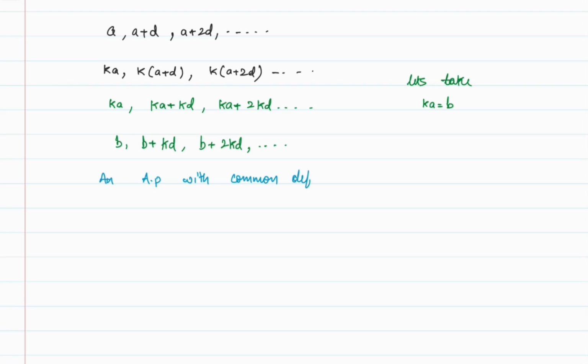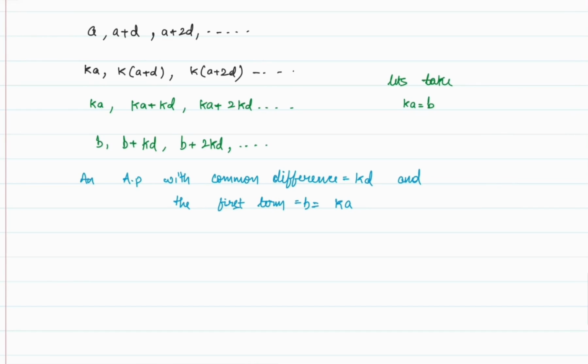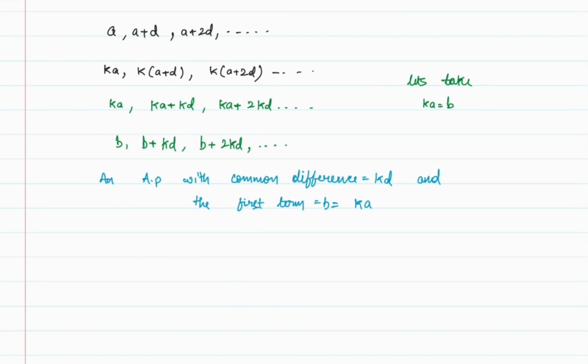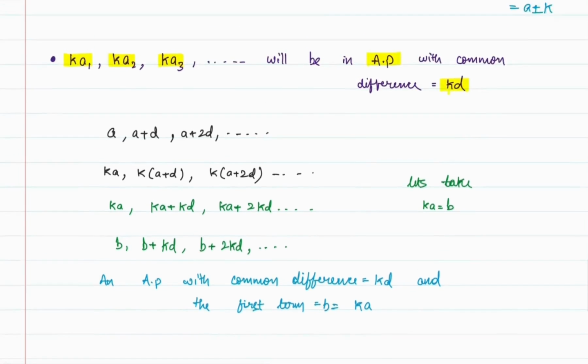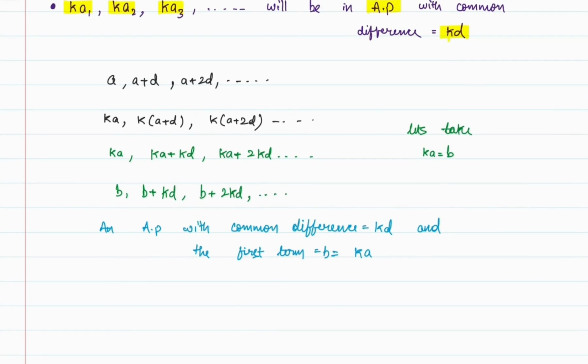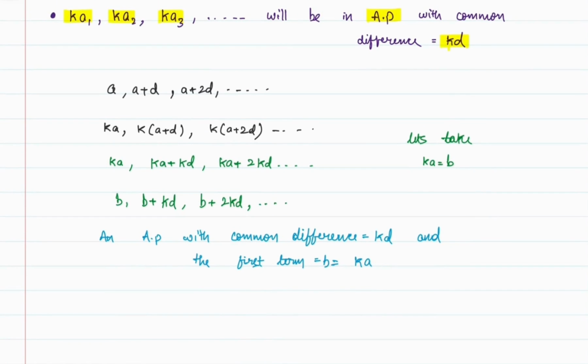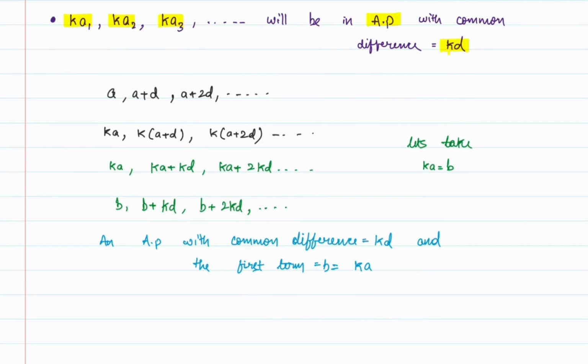With common difference equal to kd, and the first term equal to b, which is equal to k times a. So here we have seen that the common difference is becoming k times d.